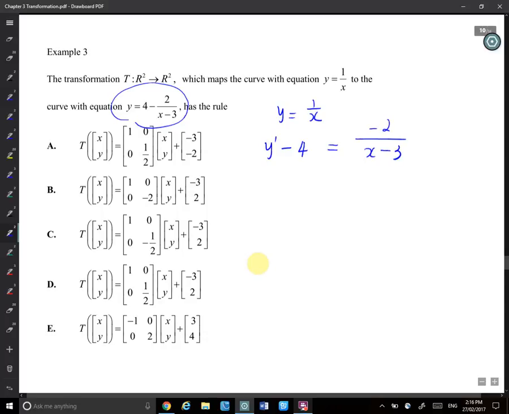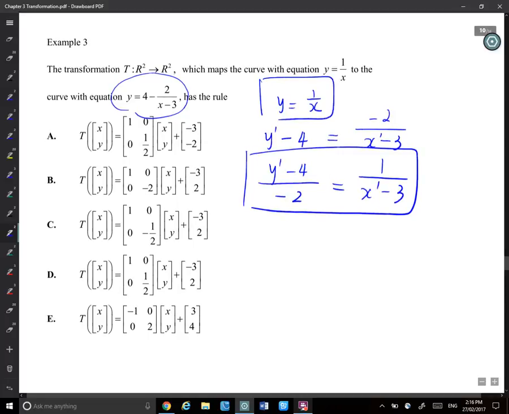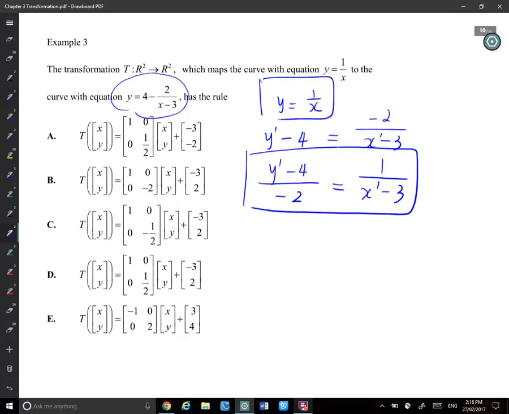I can't have this minus 2 here, so I will divide it to the other side. Divide by negative 2, and it's 1 over x dash minus 3. And this equation looks good now, because it's 1 on something, and the model is 1 on something.